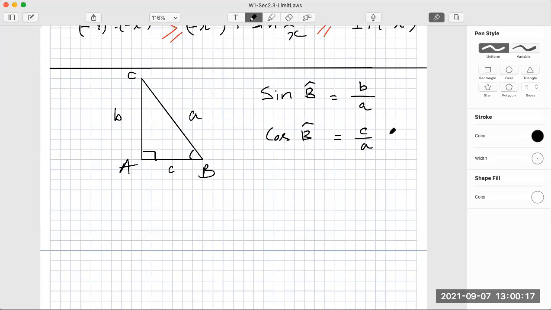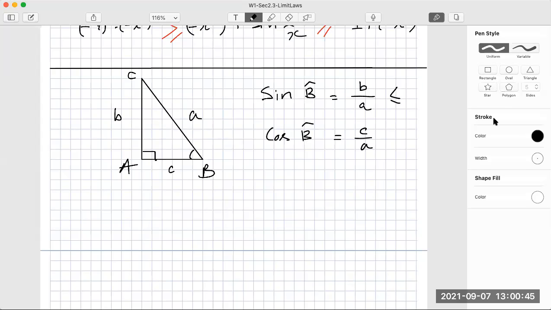So in the right triangle, the hypotenuse is the longest side, right? So it is longest. Then A is always larger than or equal to B and C, right? So therefore, this number is always less than 1, because B is always smaller.